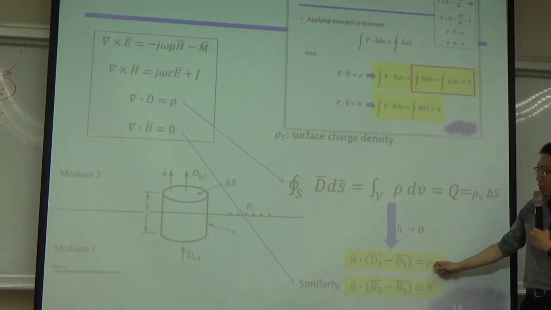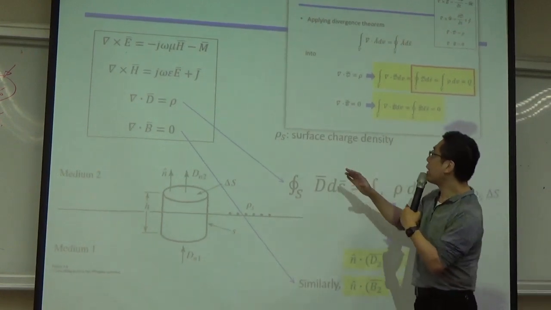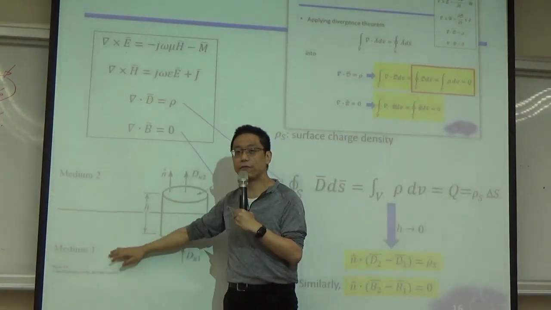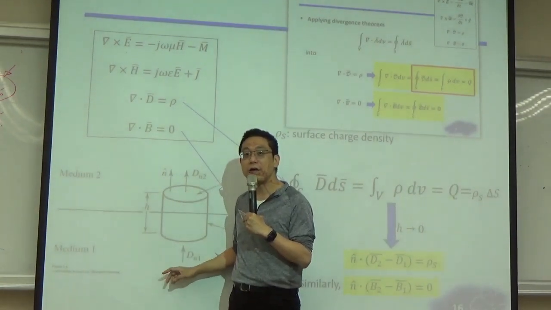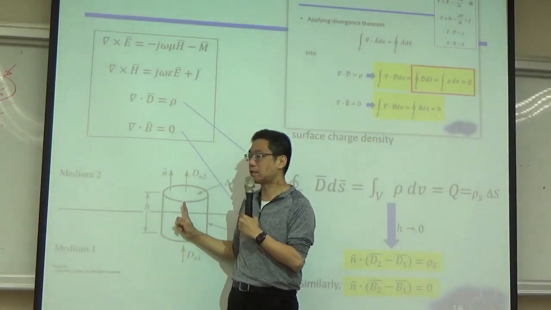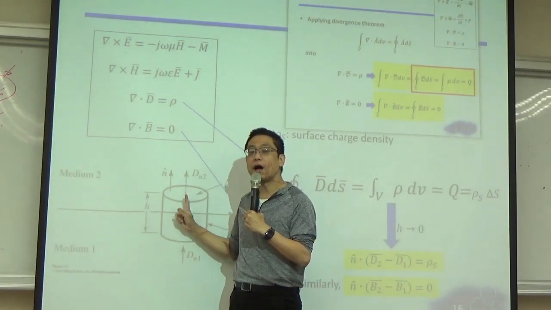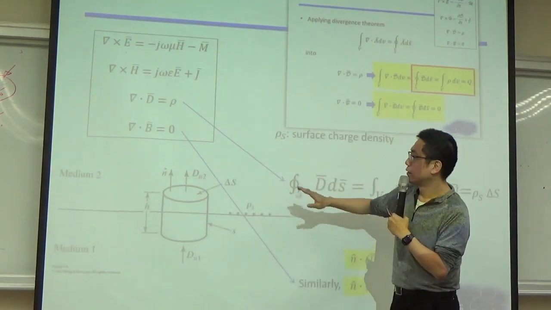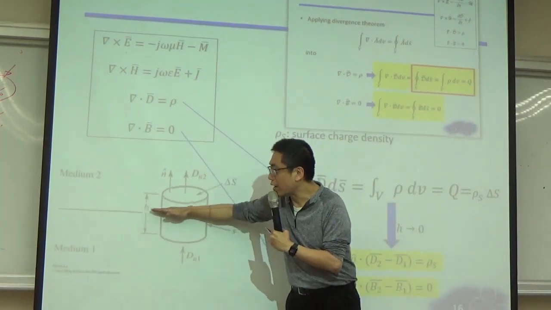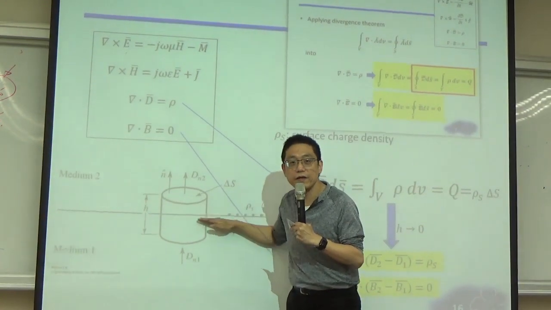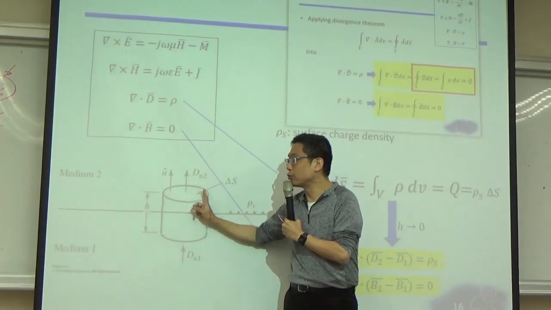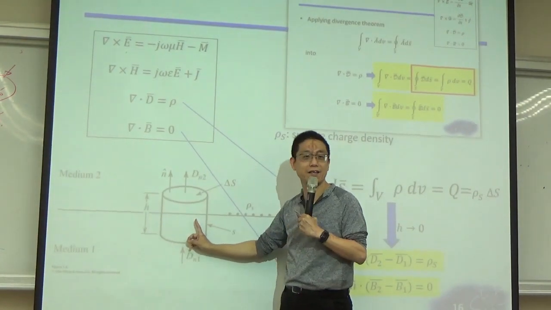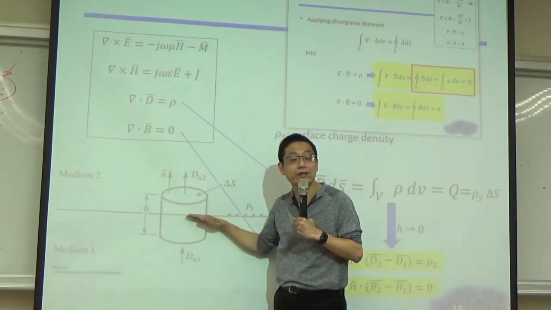These two mean that if I have a field here and a field here, my flux density in this direction, dN2 and dN1, are always the same if there is no charge on the surface.